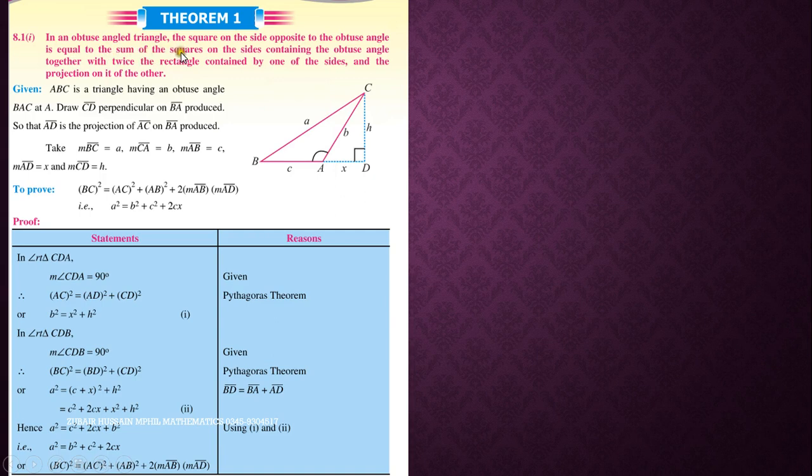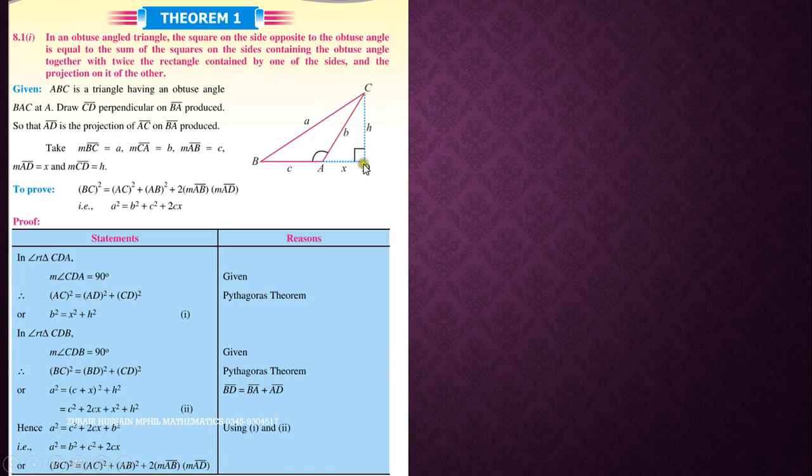The sum of the squares on the sides containing the obtuse angle. The sides which contain the obtuse angle are this side and this side, so the sum of their squares: AC square plus AB square, together with twice, meaning two times, the rectangle contained by one of the sides.